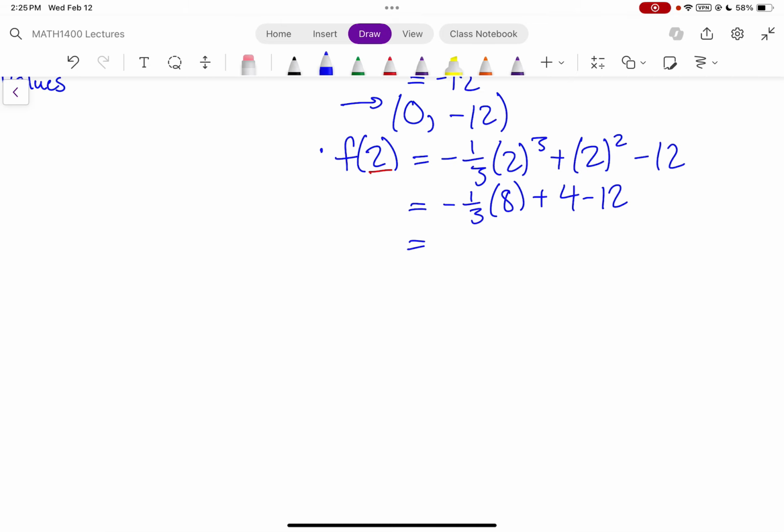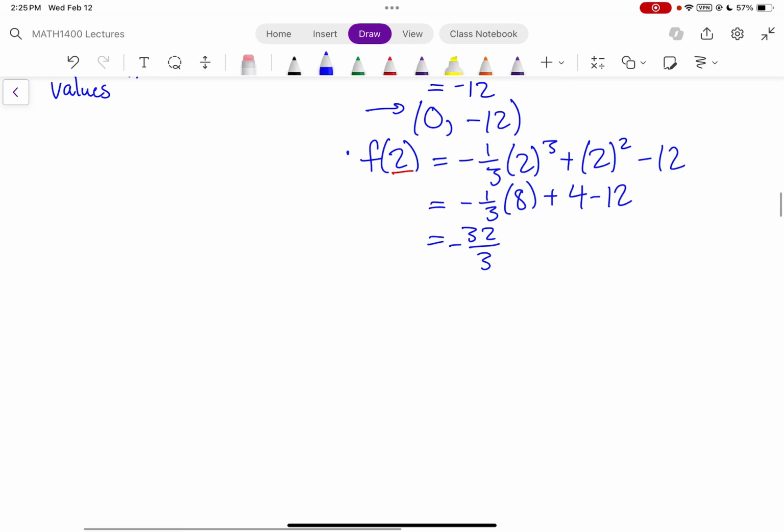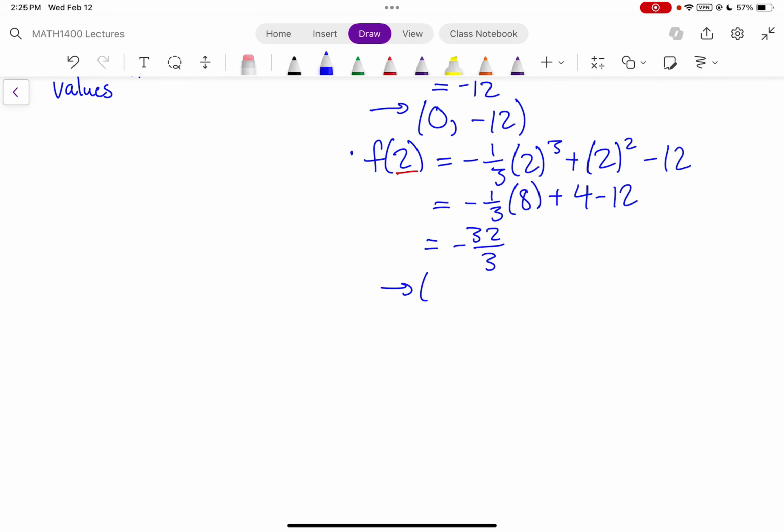It's going to be negative 8/3 plus 12/3 minus 36/3. So minus 8/3 minus 24/3, so this is going to be minus 32/3. Sorry, I just didn't want to have to write anything else out. You can check that with the calculator if you want. So that tells us that our other critical point is (2, -32/3).